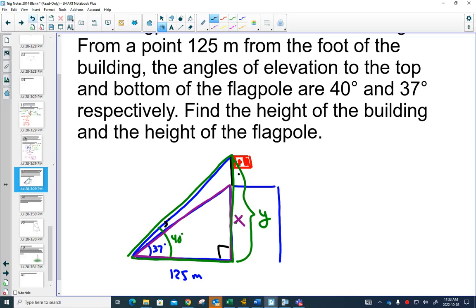And does it make sense that the height of the flagpole will equal the whole height y minus x? Does that make sense as an idea?